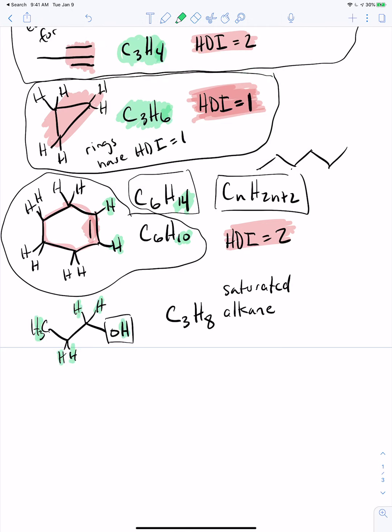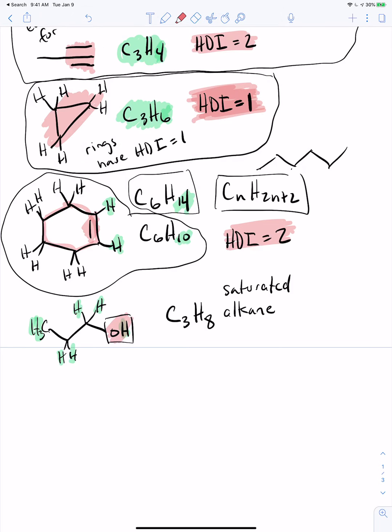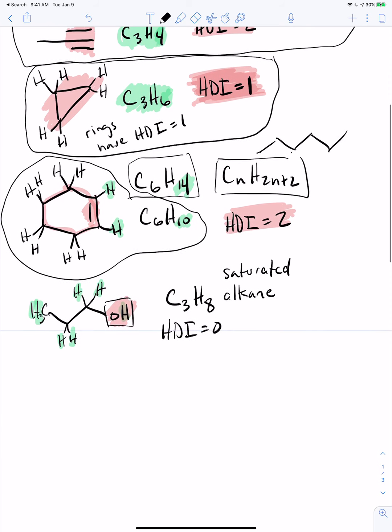So I've got 8 hydrogens. Is that right? 3, 4, 5, 6, 7, 8. Yeah. So what's the effect on the HDI by adding an alcohol? Specifically, if I add this group in, what do I get for the HDI here? Well, the HDI equals 0. So adding in an alcohol doesn't change the HDI by anything. Adding in an oxygen, period, just doesn't change the HDI by anything.